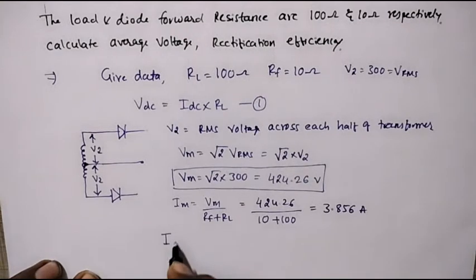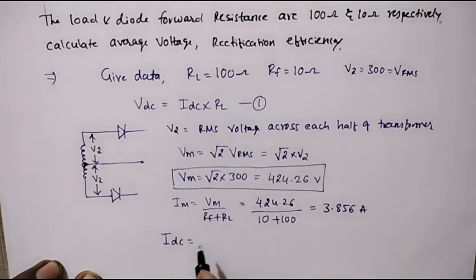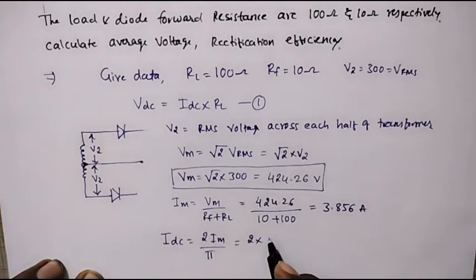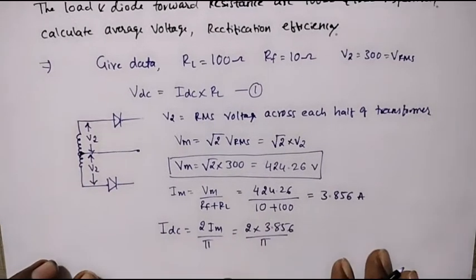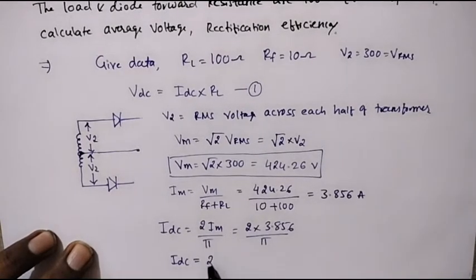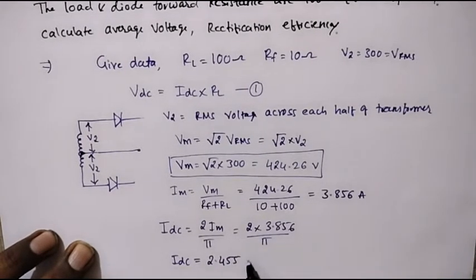The IDC for a full wave rectifier is 2 Im by pi. Substituting the values, 2 into 3.856 divided by pi. Therefore IDC is 2.455 amps.